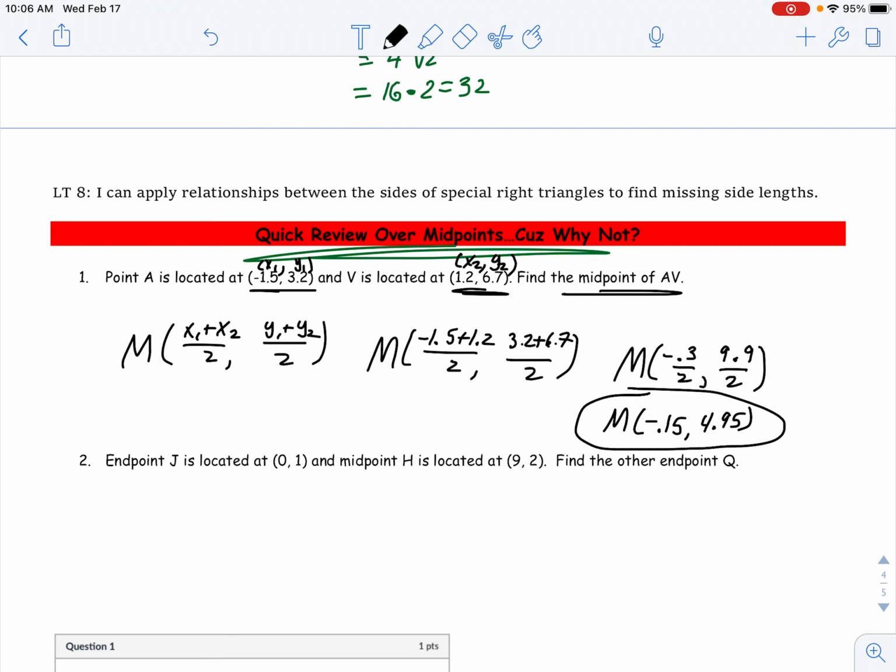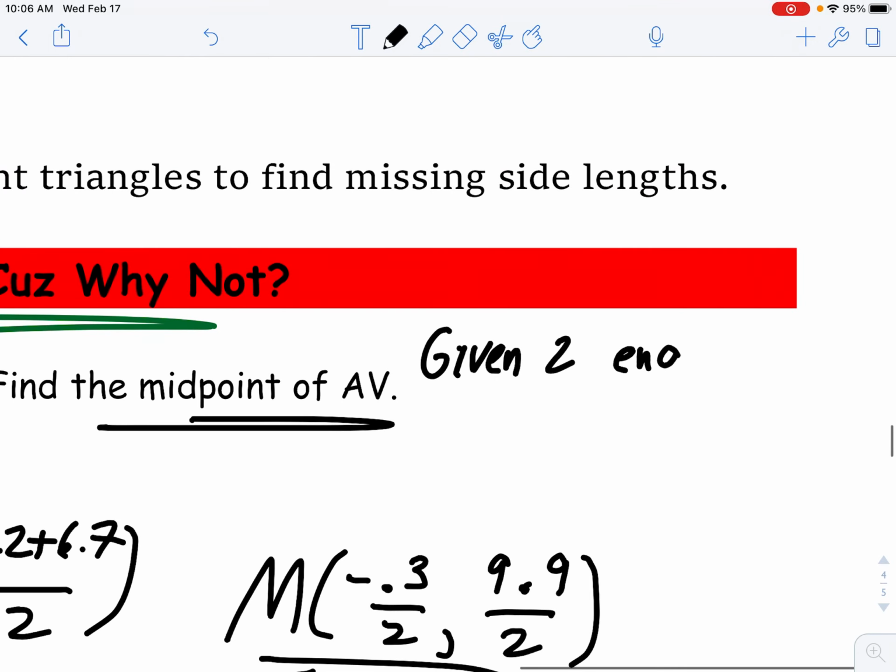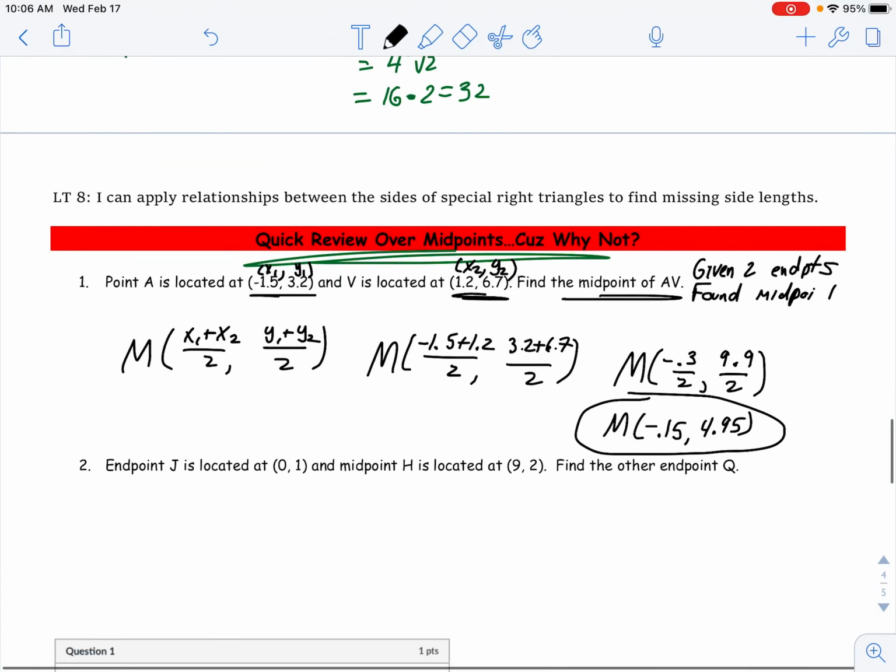And then this problem right here. So before we do the next problem, realize we were given 2 endpoints. We found the midpoint. Number 2, point J is located at 0, 1. The midpoint of H is located at 9, 2.